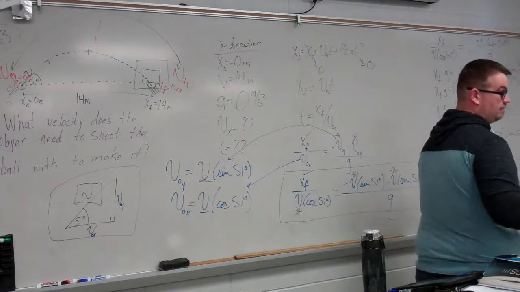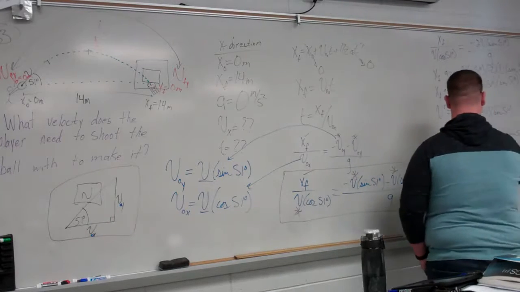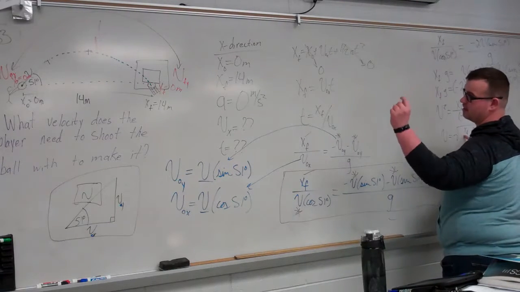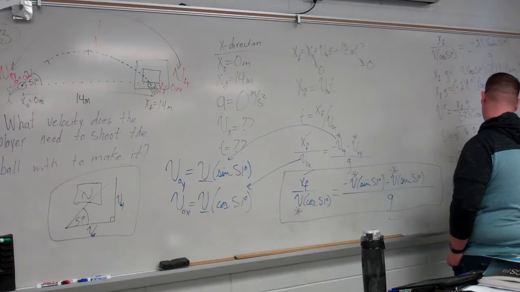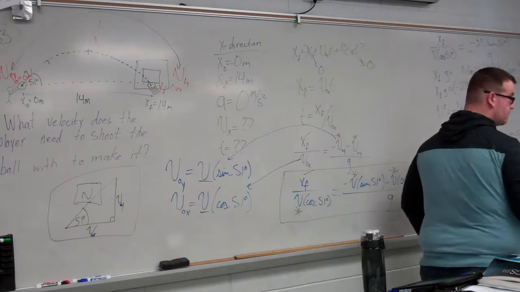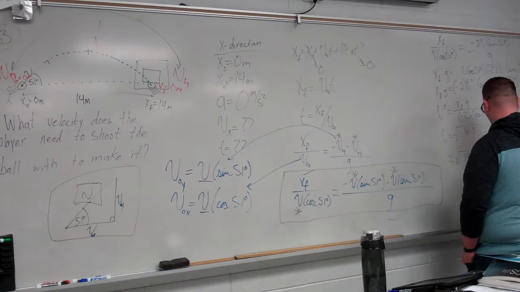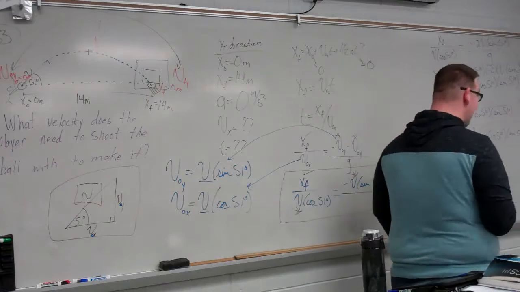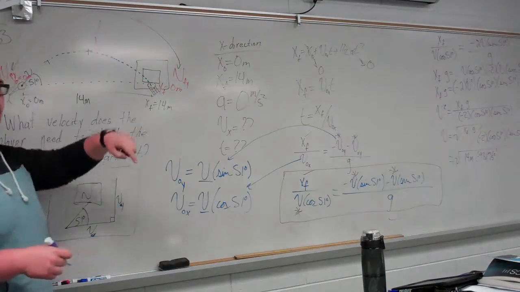Filling that in. Final position in the x direction is 14 meters, times gravity. Gravity is negative 9.81 meters per second squared. I still put that negative there because I chose my axis for the negative to go down.